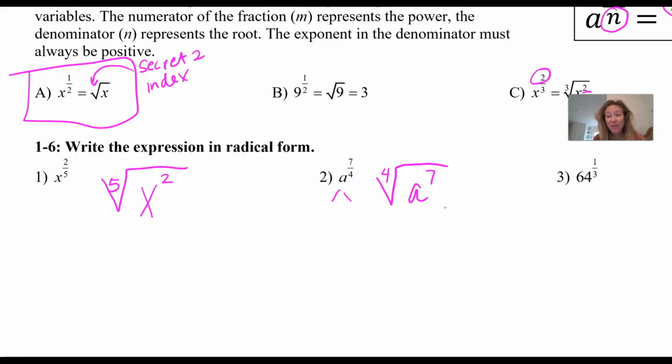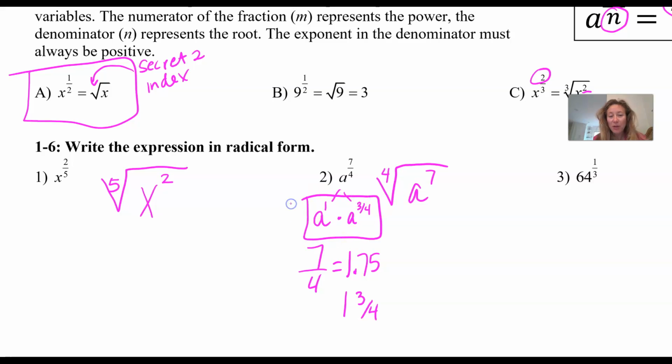So notice how 7 is bigger than 4. So that means that I could have written this as a to the first power, right, times a to the 3/4 power, right? 7 over 4 is the decimal 1.75, or 1 3/4. Okay, and so that's why I was able to write it as 2 separate things.